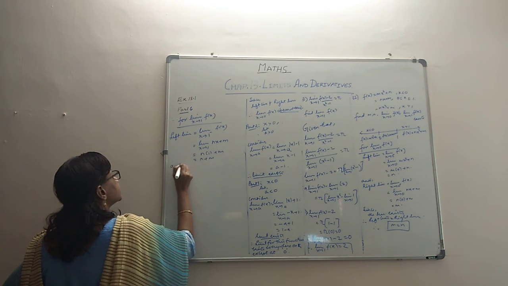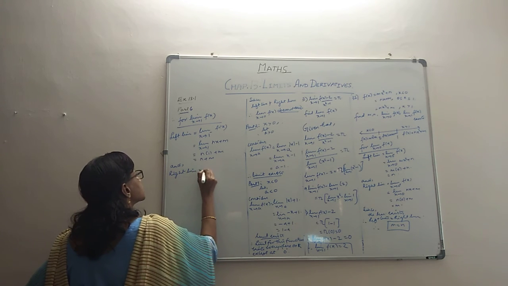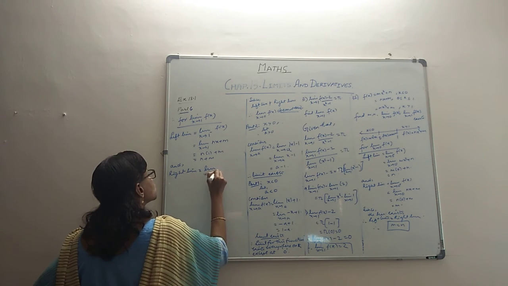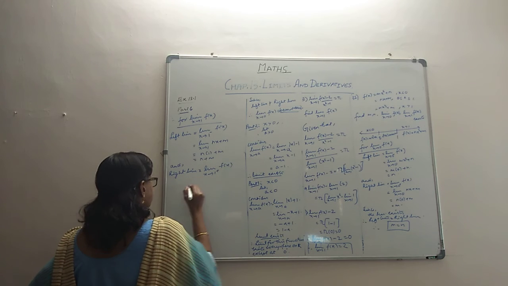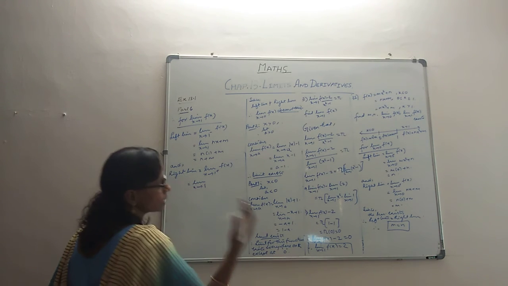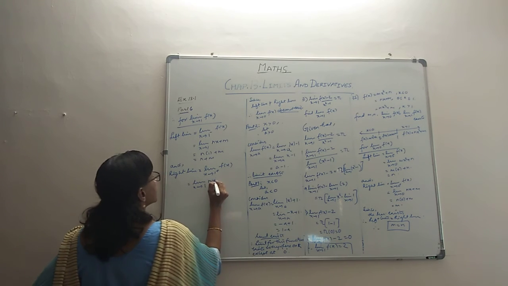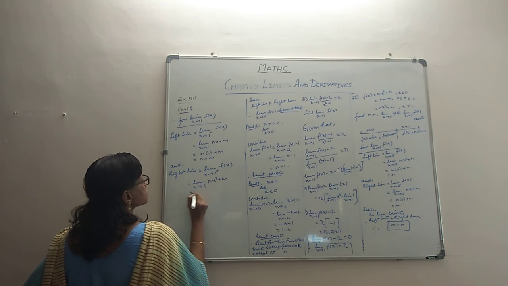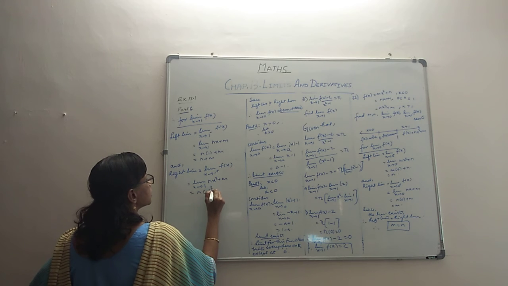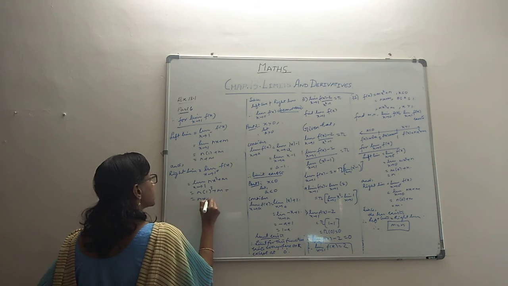And the right limit, which is limit as x tends to 1 plus, on the right side of 1, it is n x cube plus m, where we substitute the values, n into 1, so that will come as n plus m.